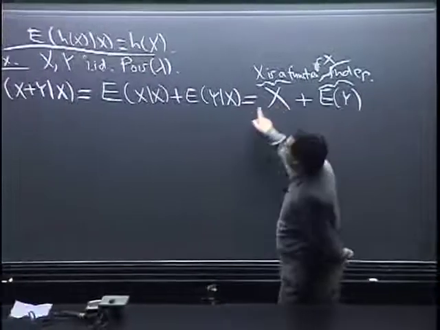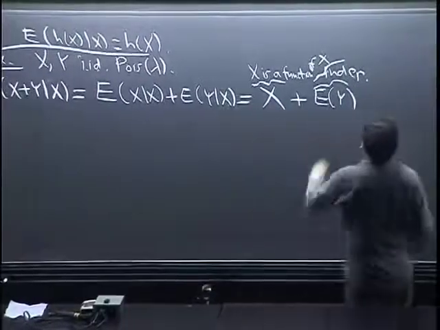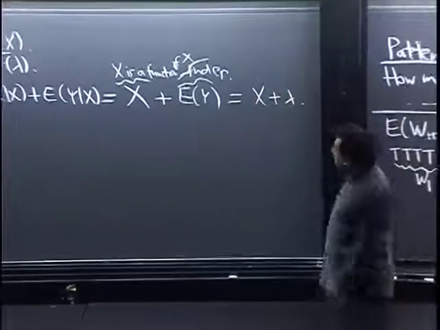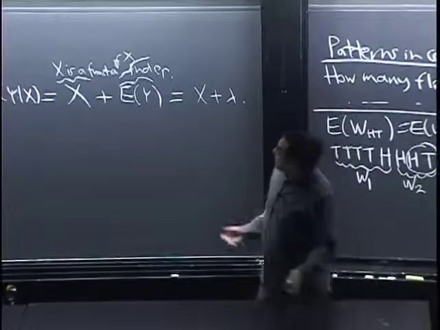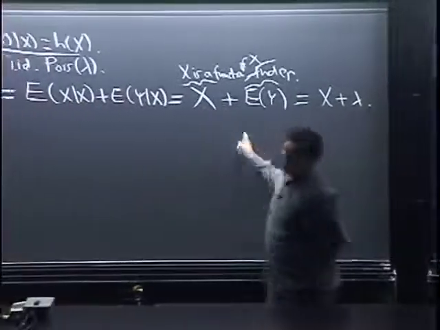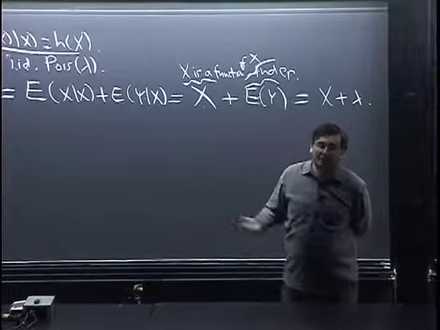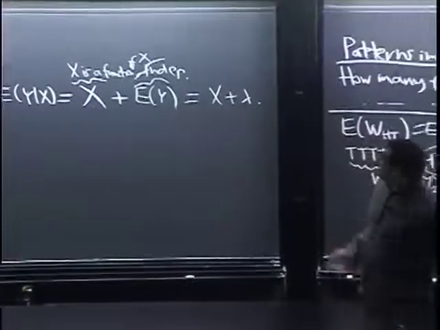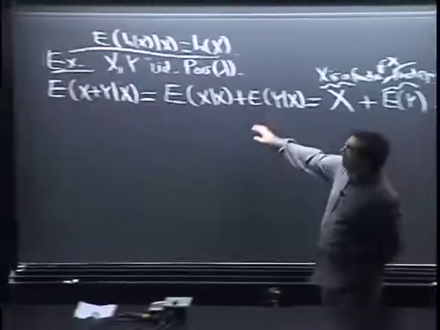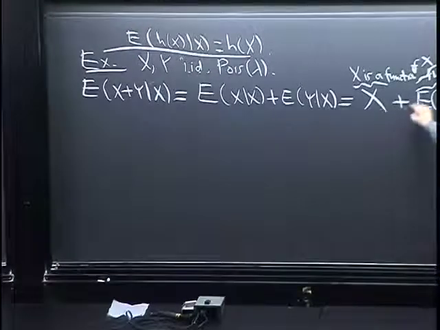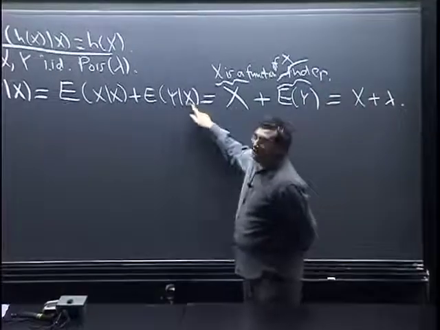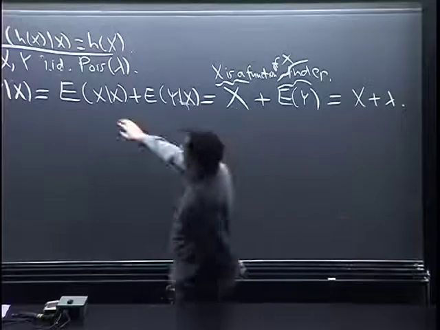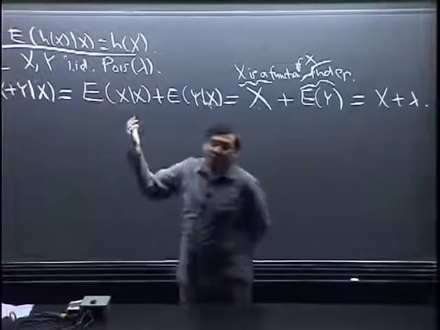So E of X given X is X, and E of Y given X is just E of Y, so that's X plus lambda for the Poisson case. Actually, up to this point I'm not using anything in particular about Poisson. I'm only using the fact that they're independent. So that's just an example that shows we can still use linearity. If we have independence, we can drop the stuff we're conditioning on. And if we have something that's completely known, then we can just take it out because it's known.